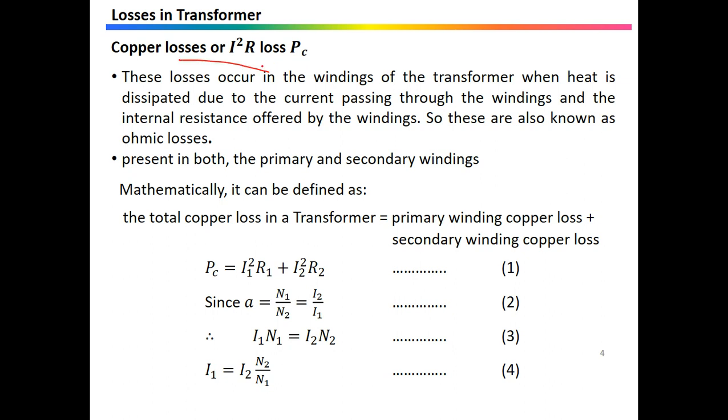If I is the current passing through a resistance R, then I square R is the loss, and these losses are present in both the primary and the secondary winding of the transformer.